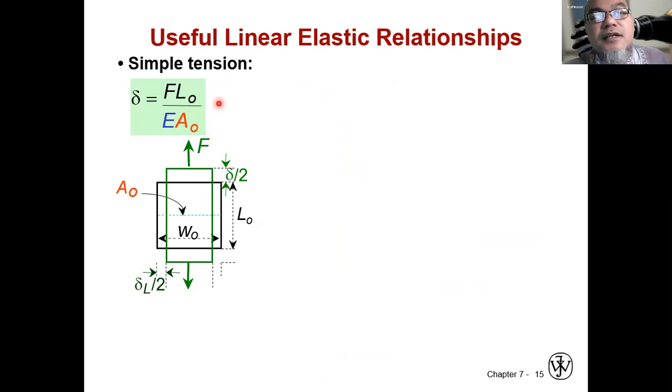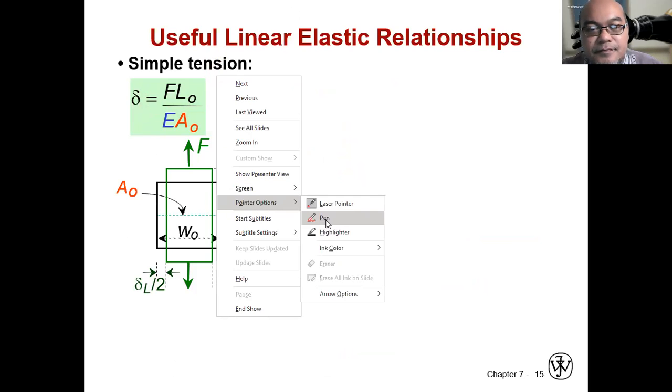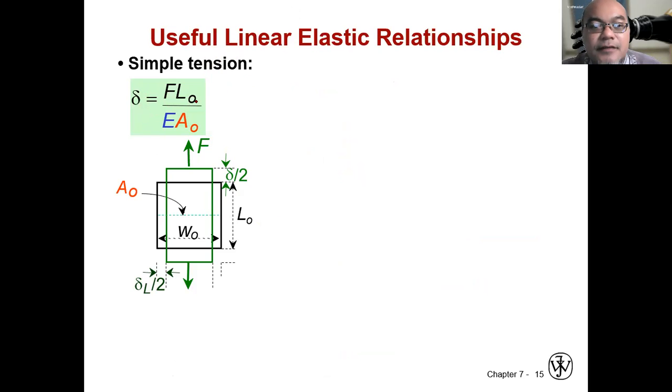These are some useful linear elastic relationships. Here we have simple tension. So delta is basically, if we write down, this is how it is derived. Delta is basically epsilon times L0, the initial length times the strain.